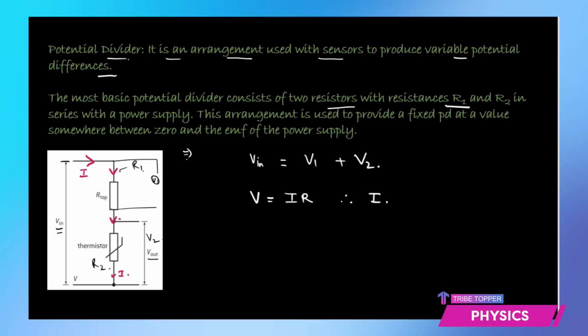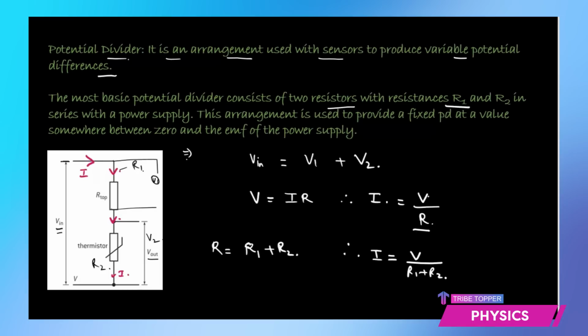So that current I is equal to V, the applied potential difference, over R, where R is the total resistance. So that's going to be R1 plus R2, because R1 and R2 are in series. So let's put this value of R here. Therefore, the current that flows in the circuit is V upon R1 plus R2.